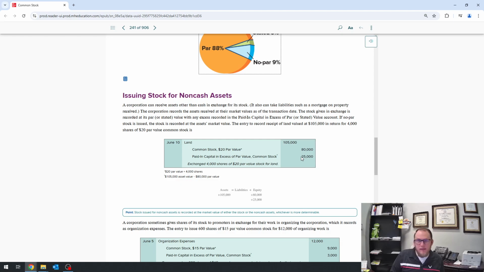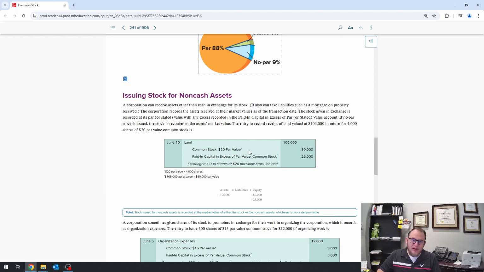So it could be equipment, it could be land, it could be a building, whatever you received, you still issued those shares. So there's still going to be 4,000 shares issued with a $20 par value. And so you just need to take the value of the assets received at the time of receipt, and that is what you're going to be getting for the issuance of those shares.